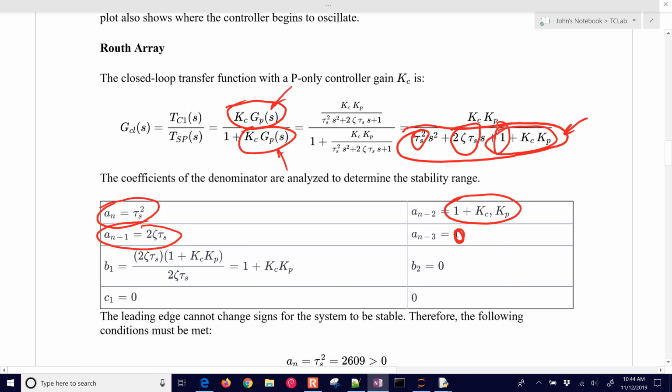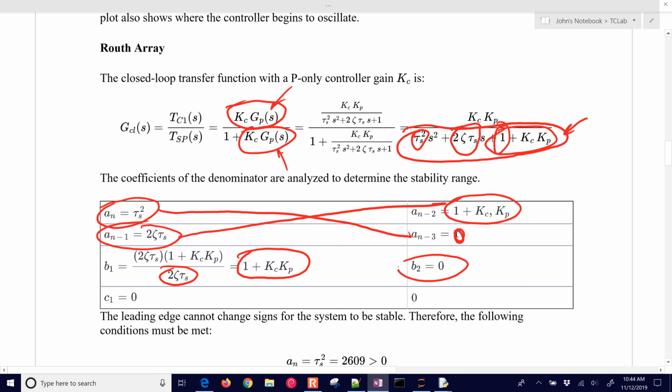Alright, and then we have b1, which is going to be a_n minus 1 times a_n minus 2 minus these two. It's kind of like the opposite of a determinant, and then divided by a_n minus 1. So that's going to give us this value right here, 1 plus Kc times Kp. And then b2, that's going to be 0.